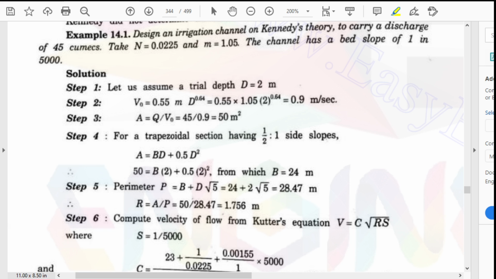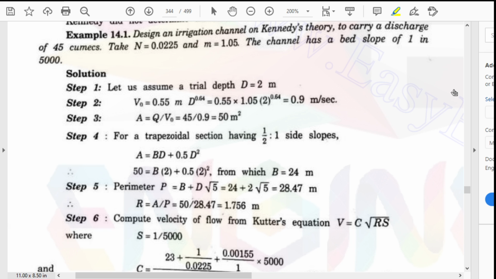So you have to remember the design procedure for case 1 and also for case 2. The given values are q equals 45 qmax, n equals 0.0225, m equals 1.05 and s equals 1 in 5000.